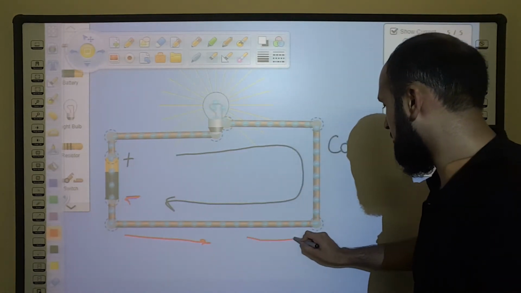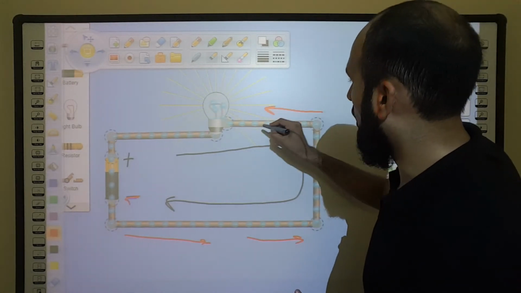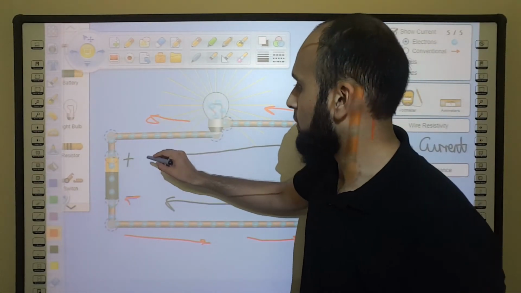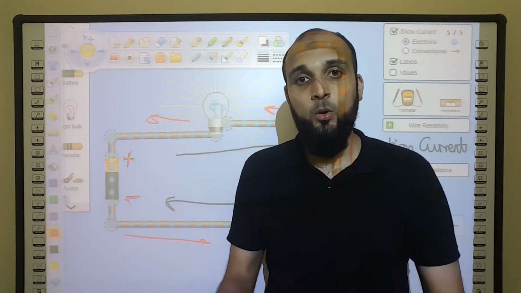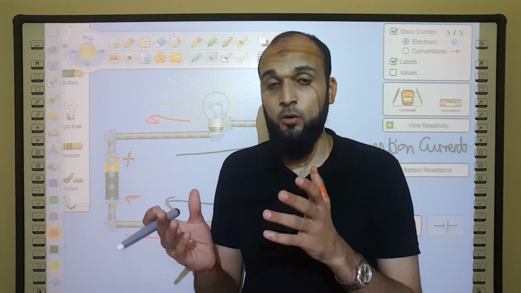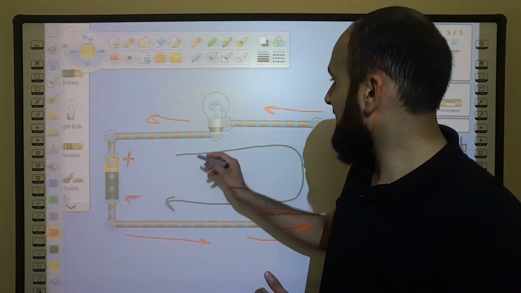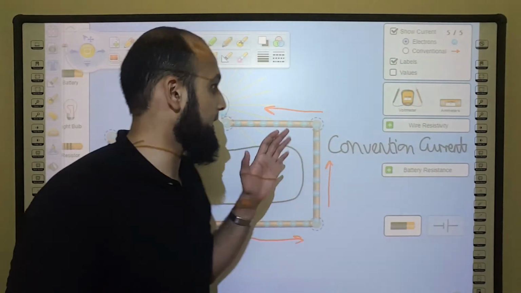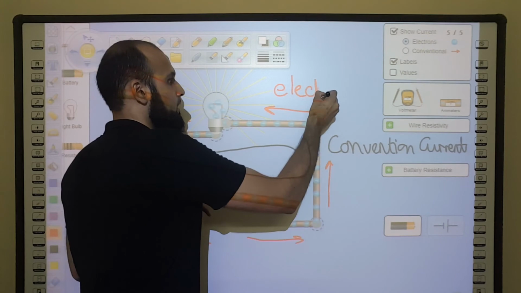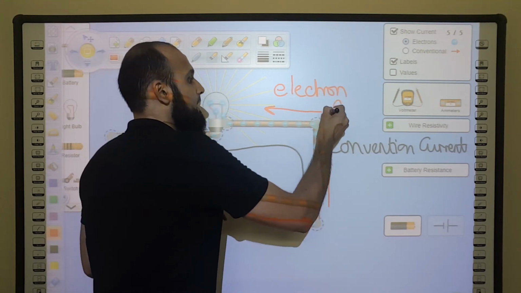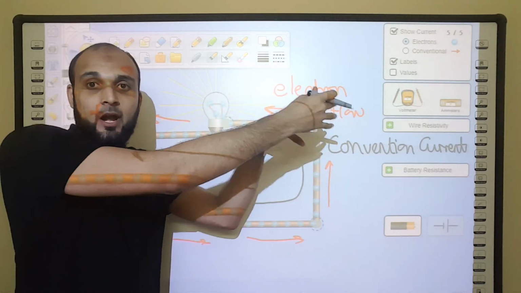So you've got electrons flowing opposite to the direction of the conventional current. But since that trend has set in so well, we still follow the conventional convention, right? So this is the real flow of electrical charges. It's called the direction of electron flow, and it is opposite to the direction of conventional current.